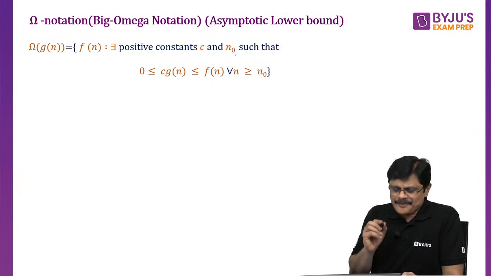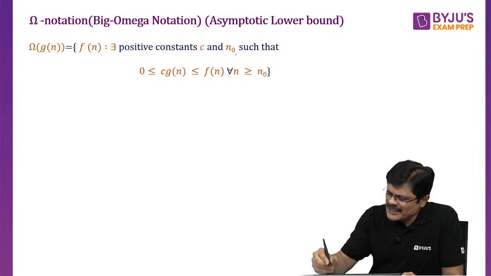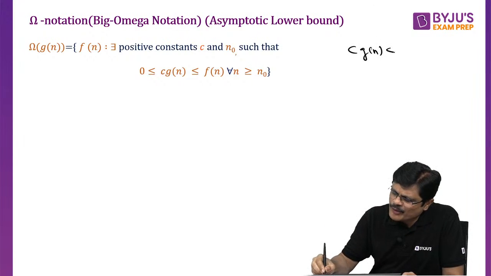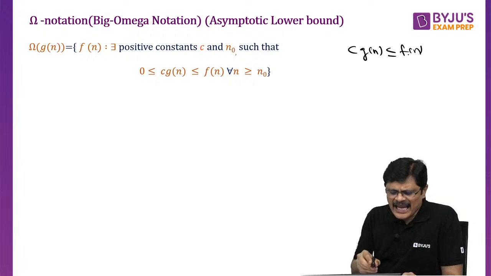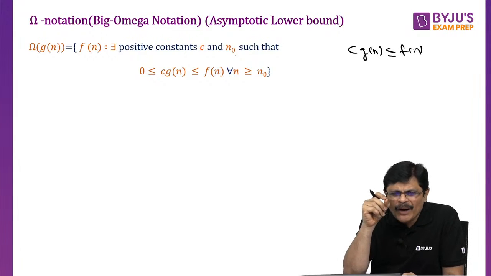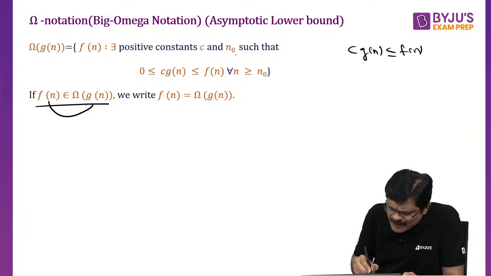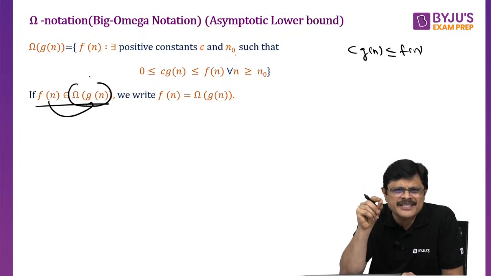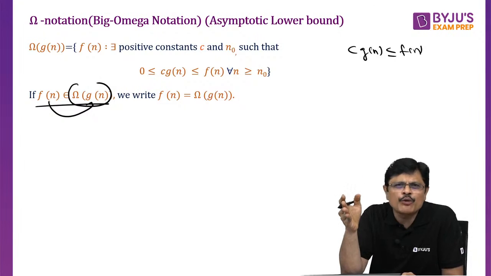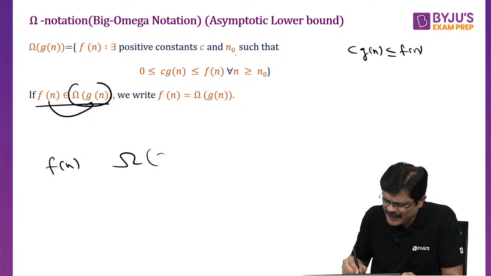Actually, when you say Fn is big omega of Gn, what do you mean by that? C times Gn is less than or equal to Fn. But when you say Fn belongs to big omega of Gn, what does it mean? We are not just talking about one particular function, sir. Big omega of Gn is not just one function. It's not like Fn and this are equal.